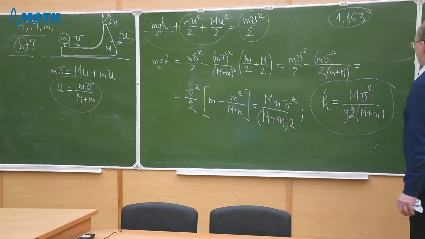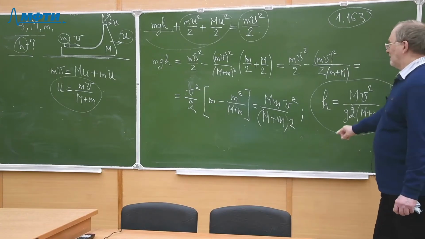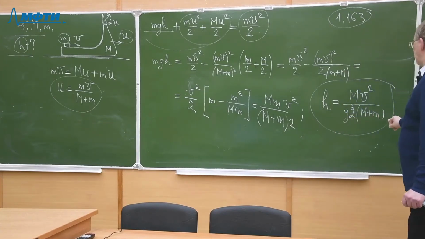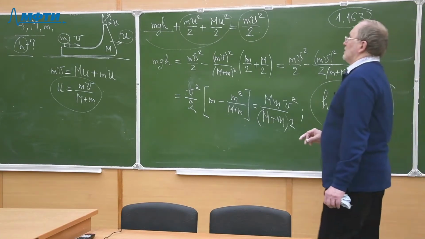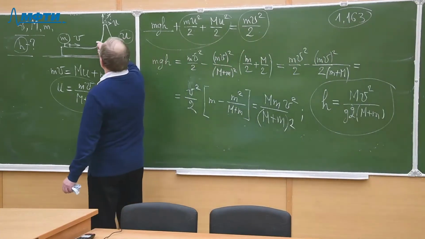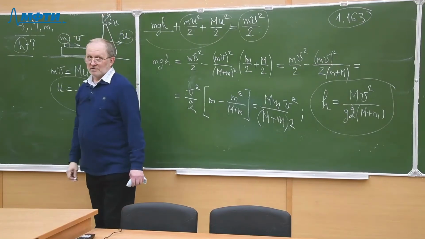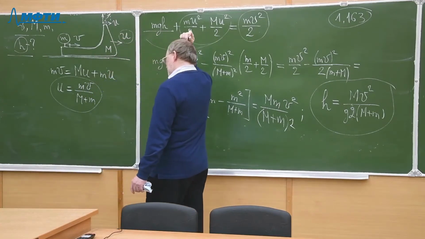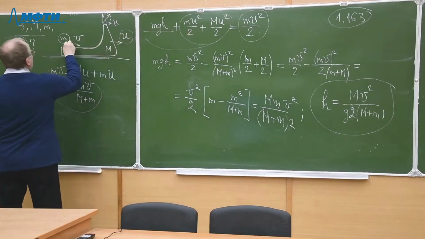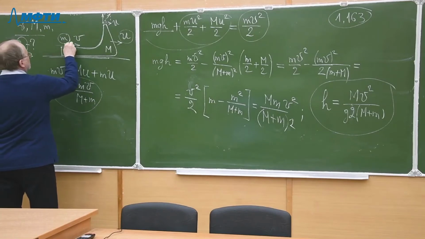In the problem it is said that with respect to the original height, so we shouldn't take into account the height of mass m, because the body first is at one level and then goes up and then goes more up. Yes, first it goes up here and then to a larger height. And we have to calculate the height with respect to the initial level.